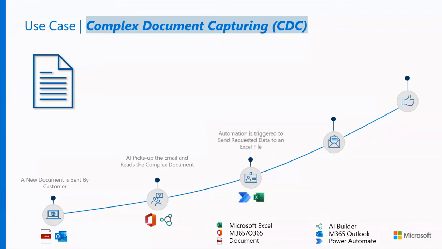AI went ahead and picked it up and read the complex document, and then automation was triggered and sent the requested data to an Excel file. Now, something we didn't show was that a user can receive a notification once that happens. So I think about some use cases like back when I was a police officer, I would have gotten an email when someone would have submitted that form. And then there would have been no manual labor. I'm a total happy user.